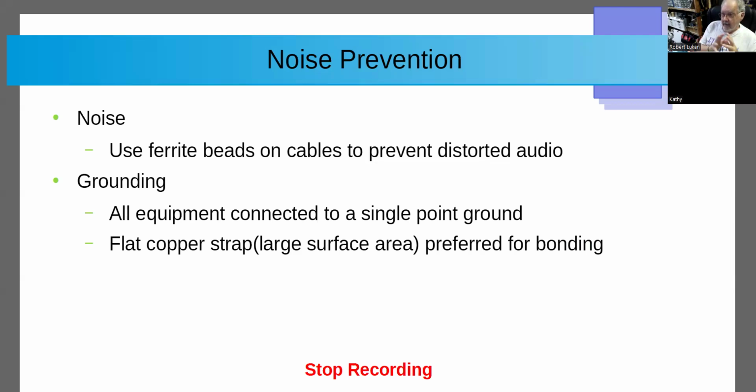It can be a piece of copper pipe mounted on the wall, or a flat copper bar, or something like that, that is a very large and thick surface area, so it looks like it's a single conductor. And that needs to be connected through either a flat copper strap or really heavy gauge wire to your ground outside your shack.